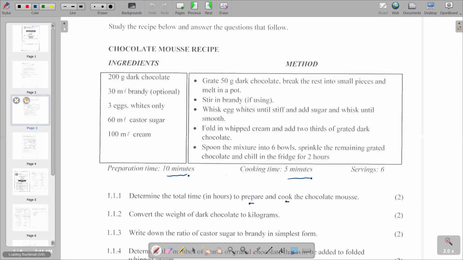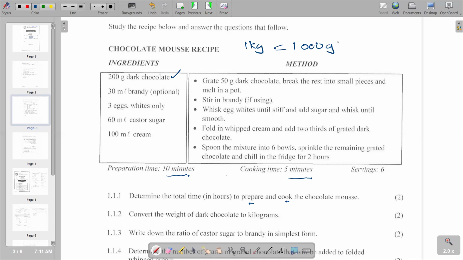Then we move on to the second part, which says convert the weight of dark chocolate to kilograms. So we need to find the weight of dark chocolate according to the information that we are given. We see that dark chocolate is 200 grams, and we know that one kg is 1,000 grams.